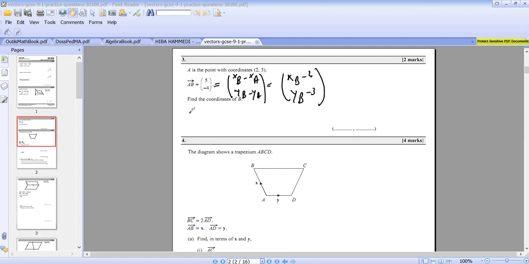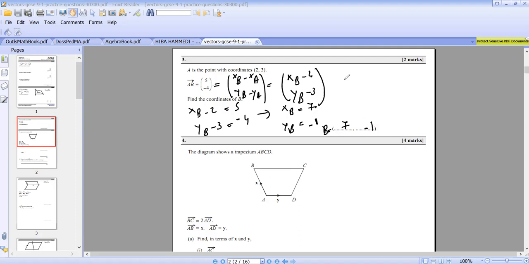I have xB minus 2 is equal to 5, yB minus 3 is equal to negative 4. So I will be able to get the value of xB. xB is equal to 5 plus 2, which is 7, and yB is equal to negative 4 plus 3, so negative 1. So I know the coordinates for B. B is equal to (7, -1), right?